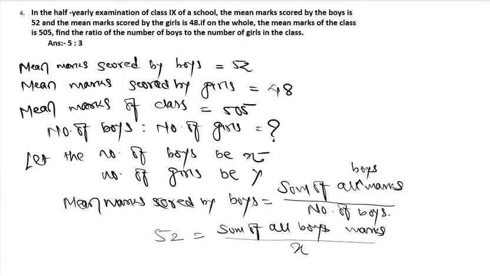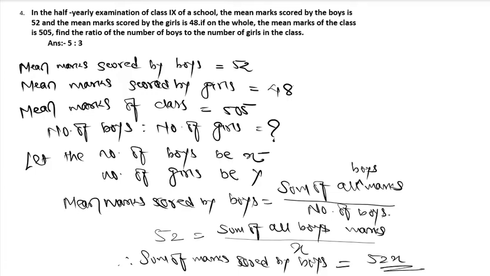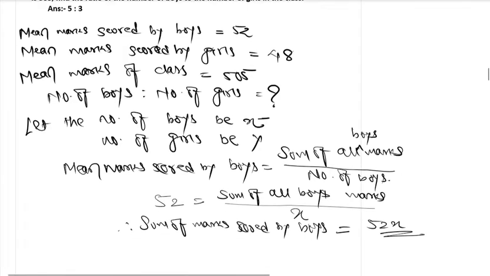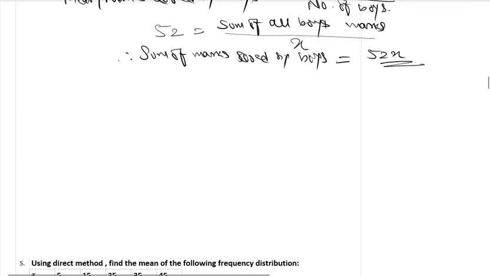Therefore, sum of marks scored by boys is equal to 52x. Sum of the marks scored by boys is equal to 52x.